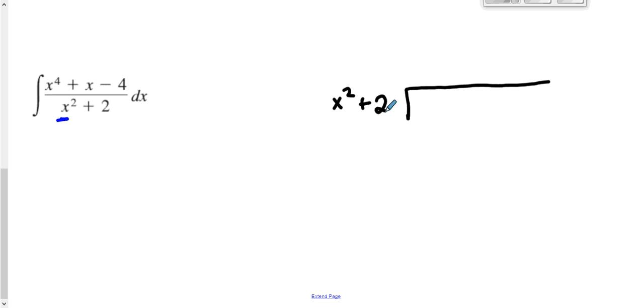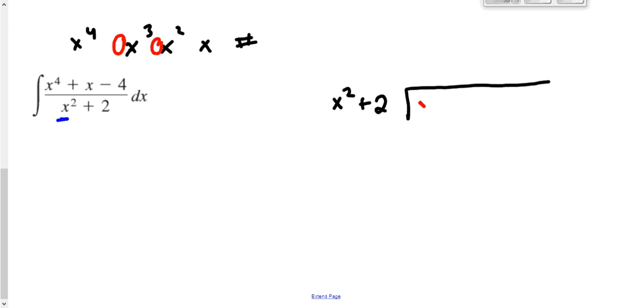You have to have a place for every power after x to the 4th. So if we were counting down, we would have x cubed, and then x squared, and then x, and then just the number is the order, standard form of our polynomial. So you have to have placeholders for everything that's missing. We don't have an x cubed, so we need to put a 0 to hold that place. We don't have an x squared, so we need to put a 0 to hold that place.